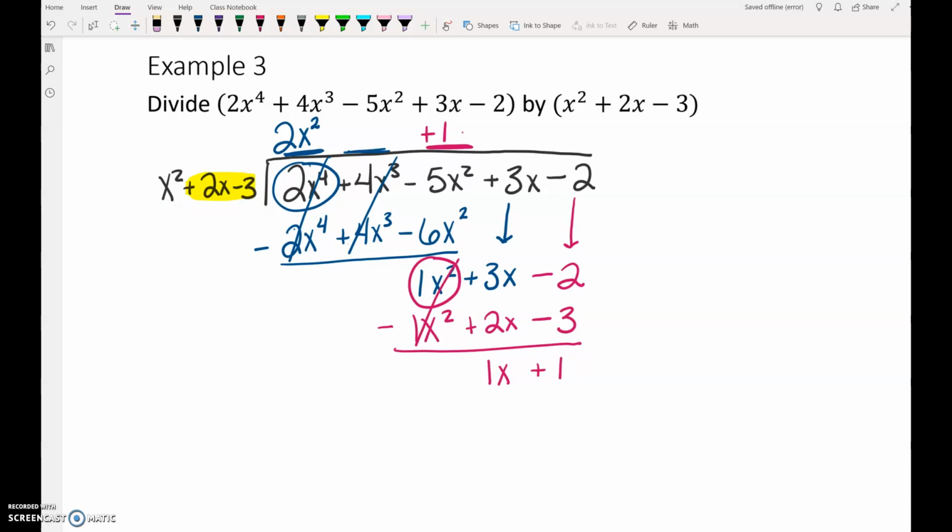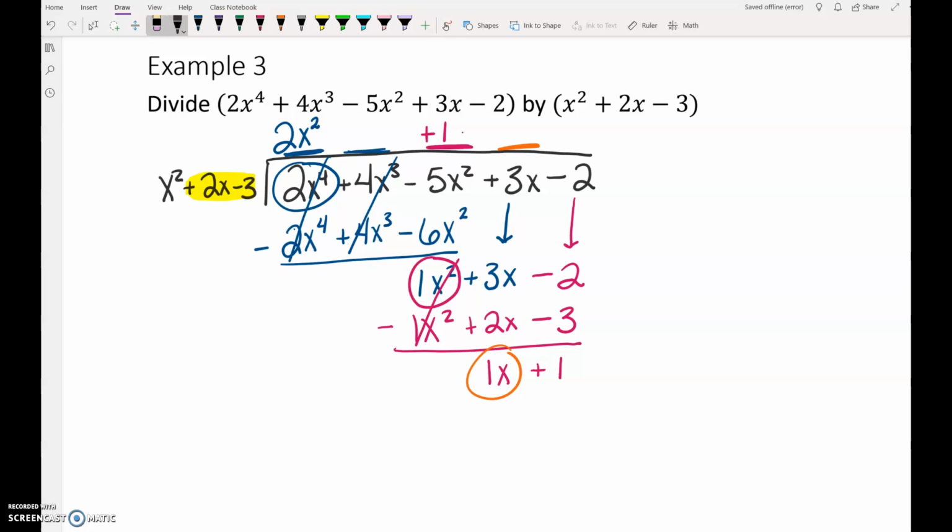Now we could try to continue. X squared times what is 1x? The problem is we're starting with x squared and we're trying to get to x. We already have too many x's, so it's not possible. Once you get to a point where your exponent on this term at the bottom is smaller than the exponent that you're dividing by, you are done.